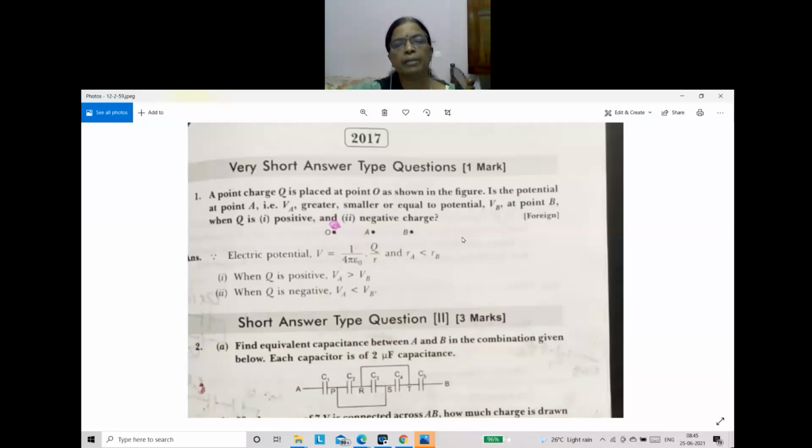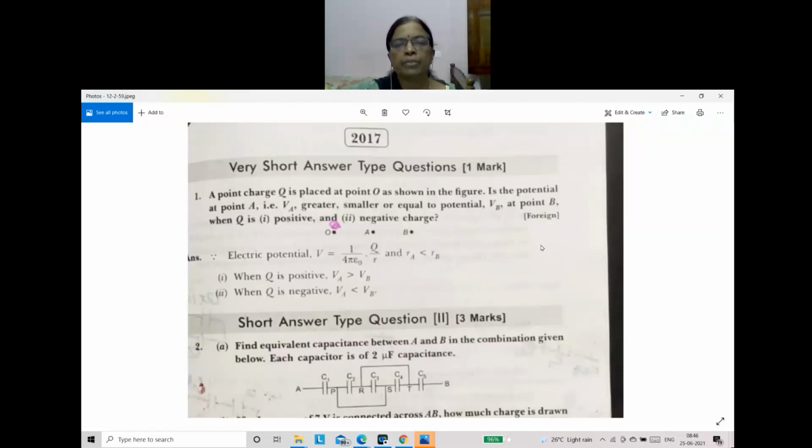Q is positive. Where will the potential be greater, nearer to the charge or far from the charge? Where do we have to do more work to bring a charge from infinity to that point? To bring a unit positive charge from infinity to that point, to which point do we have to do more work, A or B?